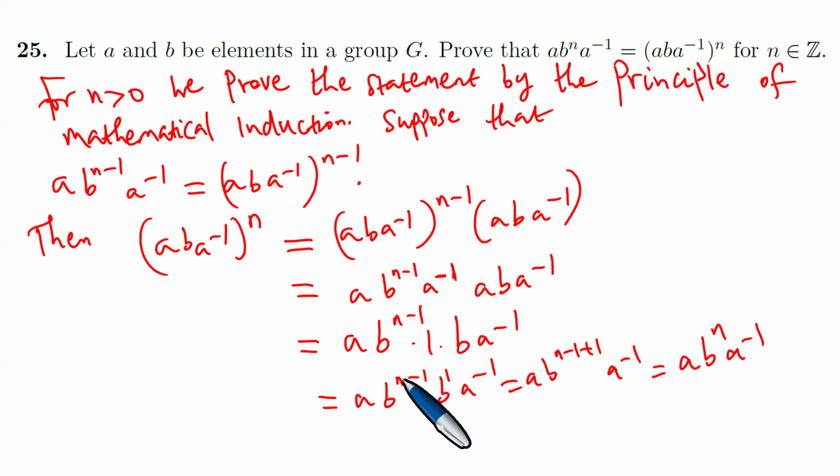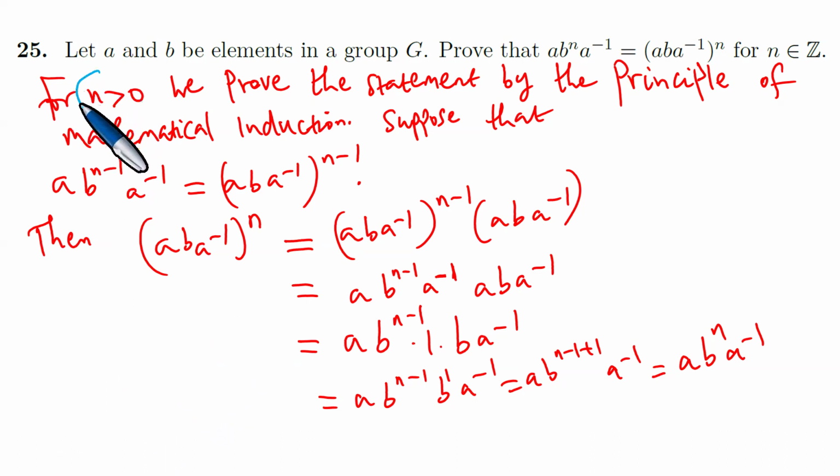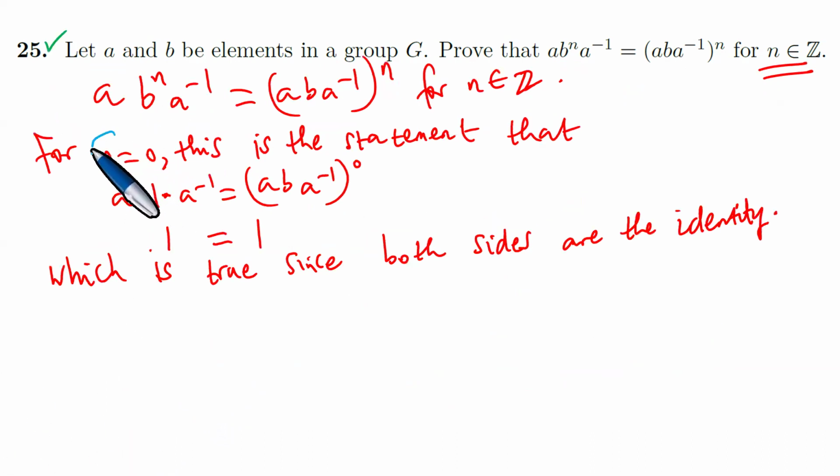Now, this was the case for n bigger than 0. But the truth is n is an integer, and that has implications. We have looked at the 0 case: 0 is an integer, n is an element of the integers.